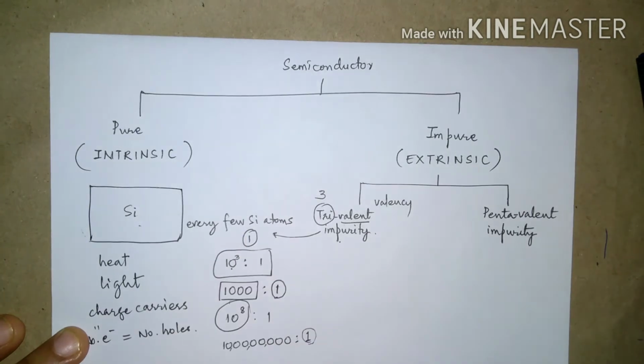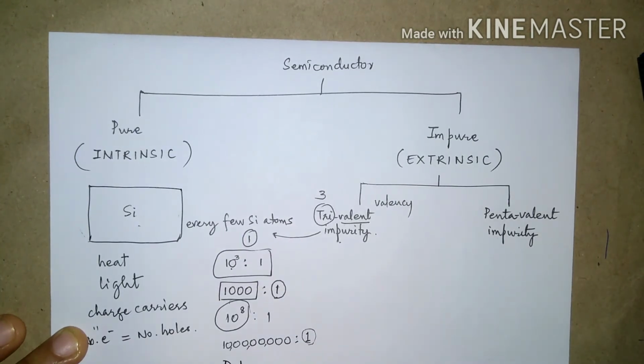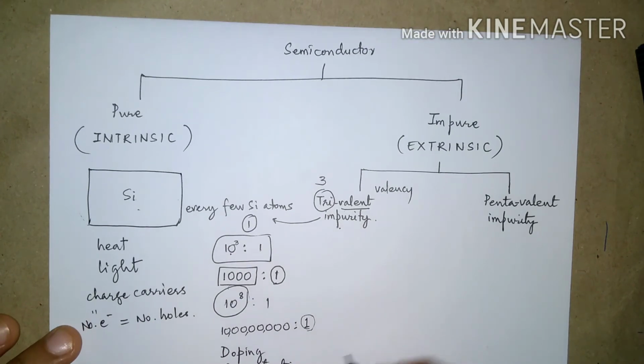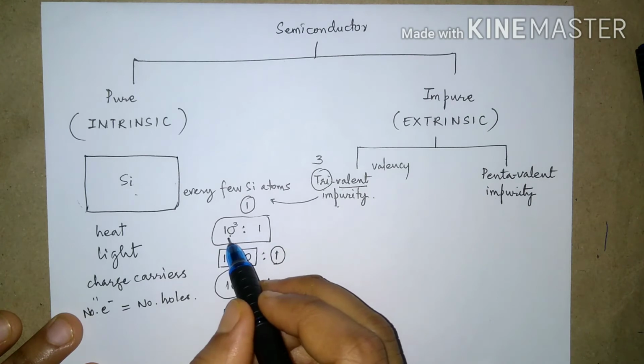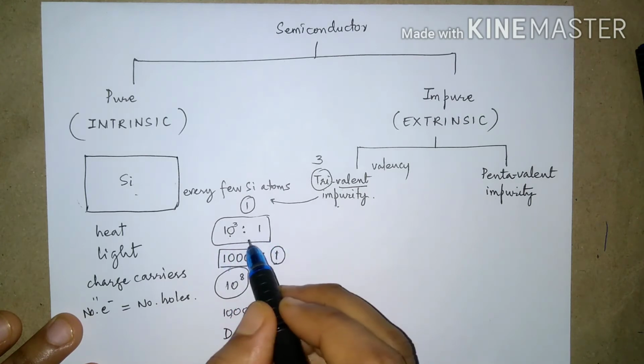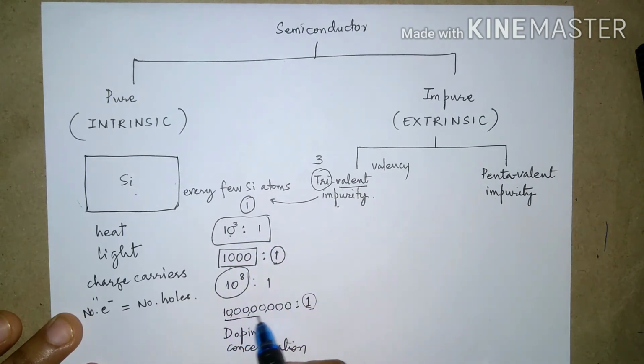So this tells us about doping concentration. Doping concentration tells us what the ratio is: for these many silicon atoms, only this many impurity atoms are added.